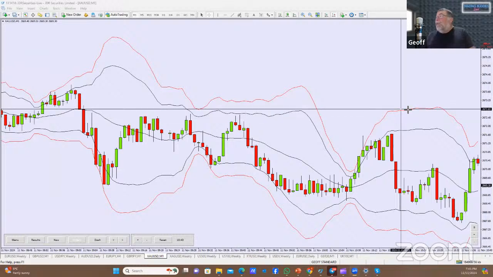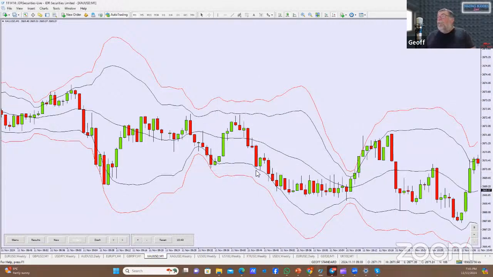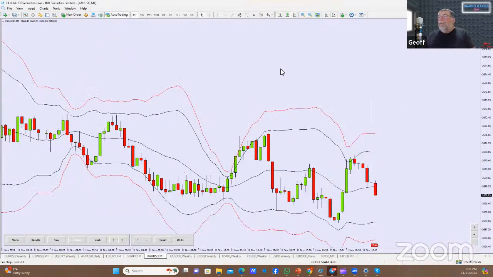Righto, here's what happened. We traded gold, well, we tried to trade gold, but the order box didn't quite play ball, because we saw the touch and close on the 3 deviation line on the Bollinger Bands, and then we saw 2 closes below the 2, that one there and that one there.